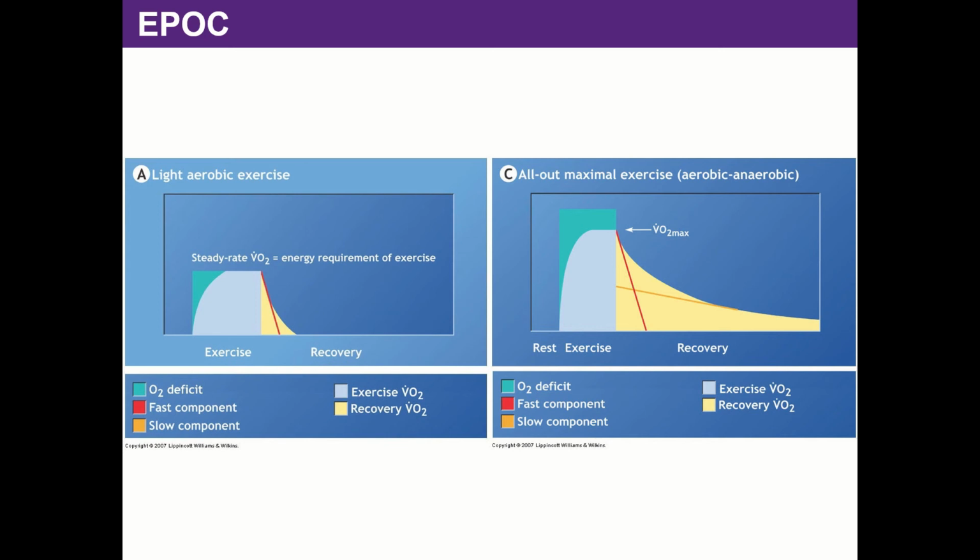But those working calf muscles, in that example, need energy. They need ATP right now. So they don't have the oxygen to meet the energy demands, but they have to use ATP right now to fuel muscle contraction. And so what can they do before they receive enough oxygen that still allows them to contract? Well, they can use anaerobic sources.